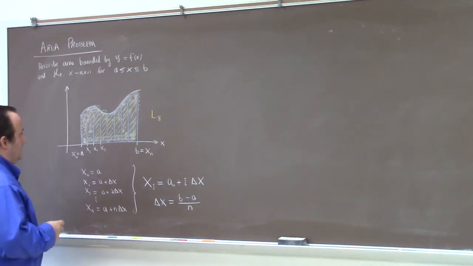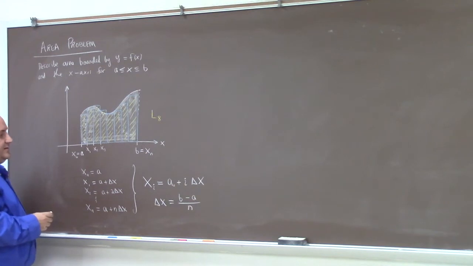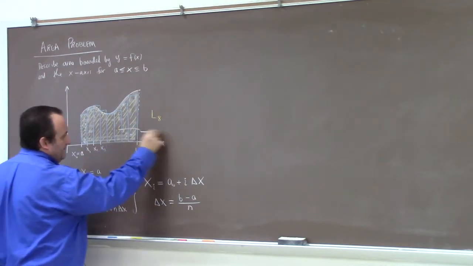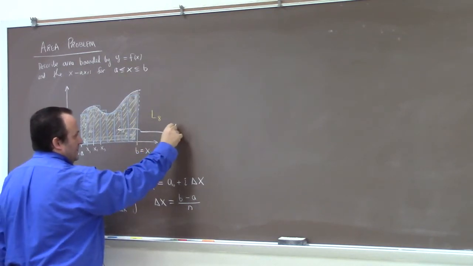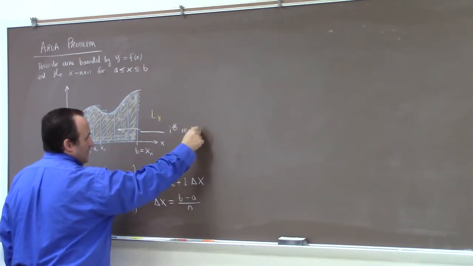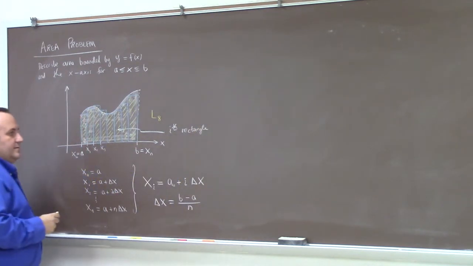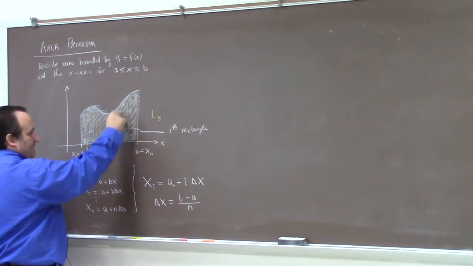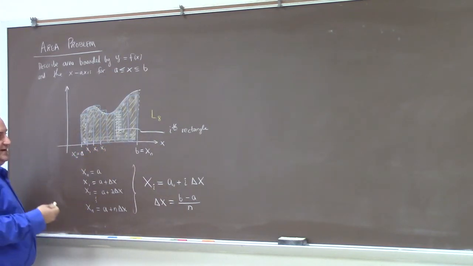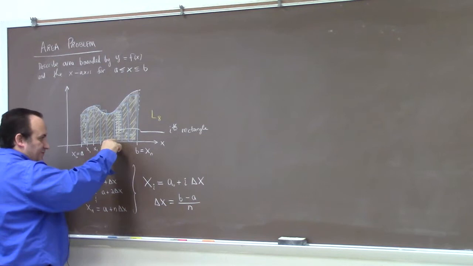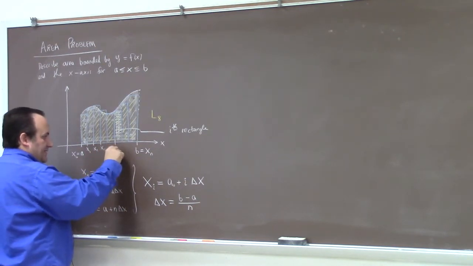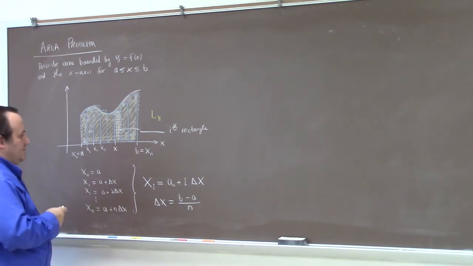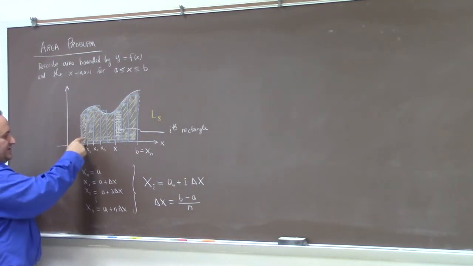So if we look at the ith rectangle here, suppose this one's the ith rectangle, what is the height of it? Well, the left endpoint there is x sub i. Well, that's not true.